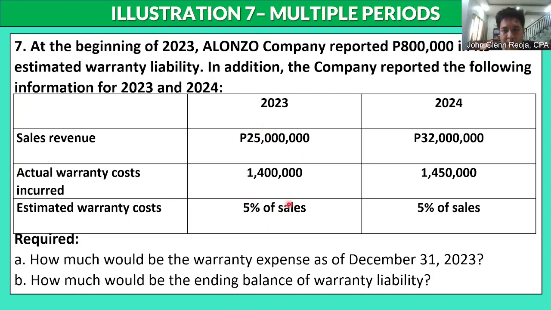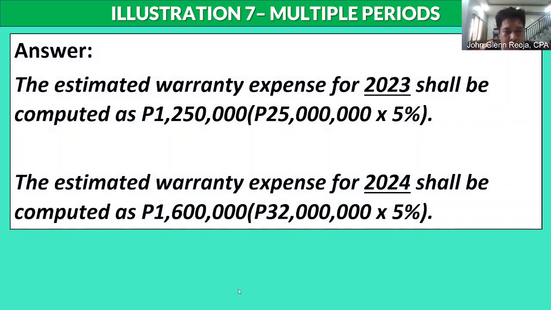That would be 1,250,000. How much is the warranty expense in 2024? That is 32 million times 5%, which is 1.6 million. But the question is, how much is the ending warranty liability? So, for 2023, warranty expense is 1,250,000.